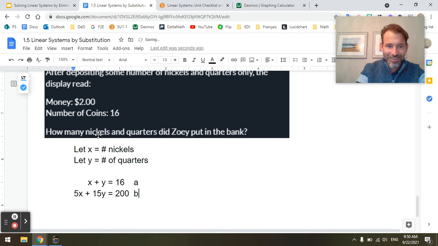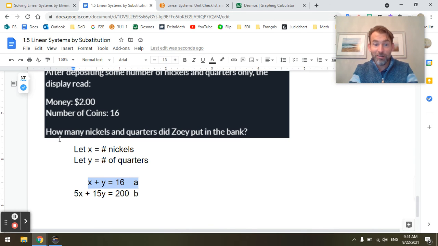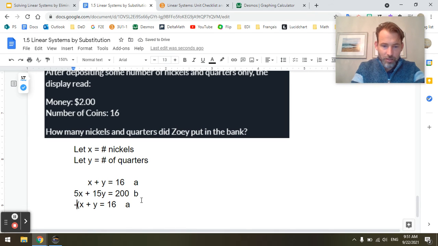Now I'm just going to copy equation A because I'm going to change equation A. I'm going to multiply it by negative 5. That'll eliminate X. So let's write it again down here, and multiply by negative 5 on both sides.